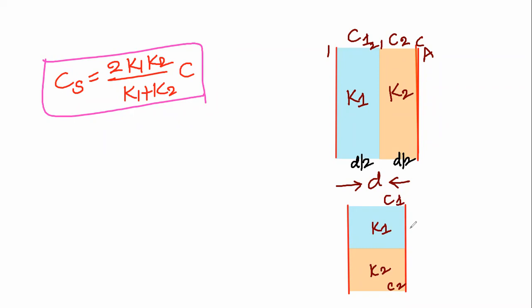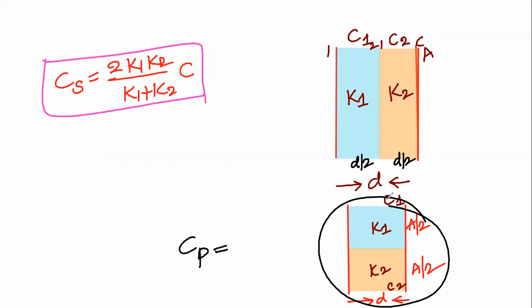For the first, the area is A by 2, and for the second, the area A by 2 is there. The distance is the same for both. Then the effective capacitance Cp is, what is that? This combination is called a parallel combination.